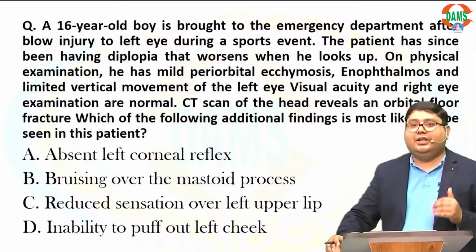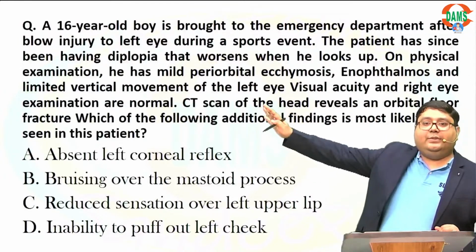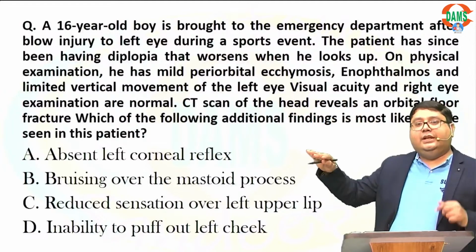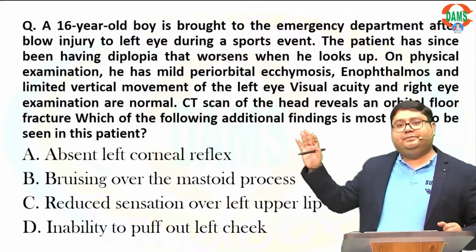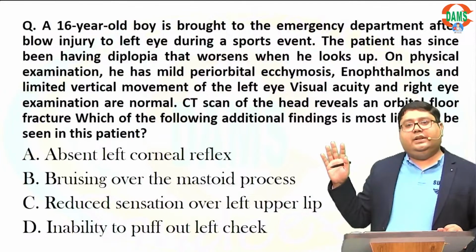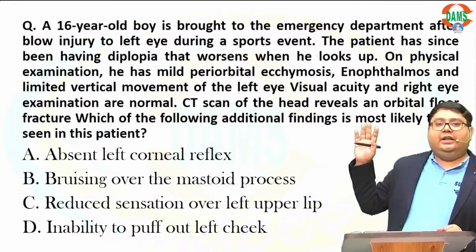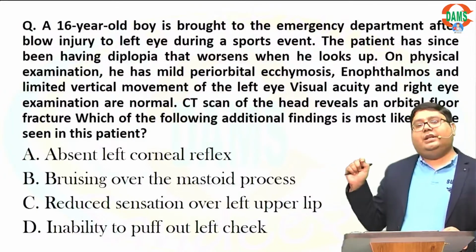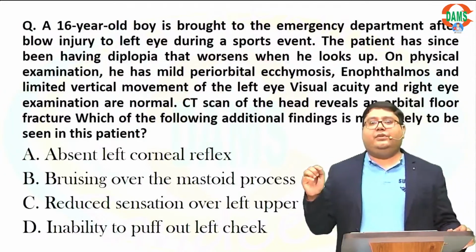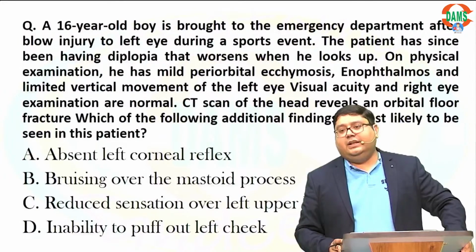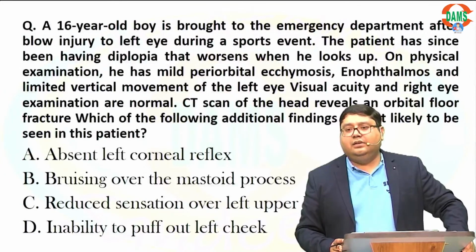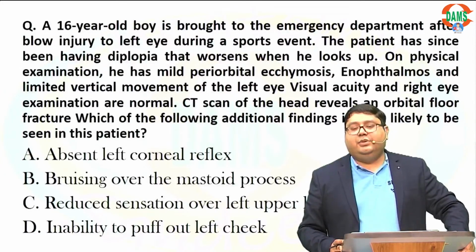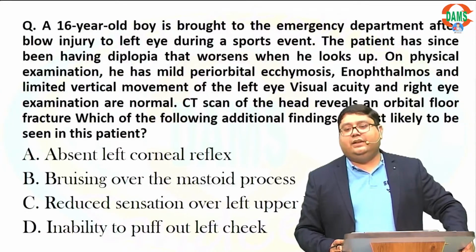On examination, there is periorbital ecchymosis, enophthalmos, and limited movement of the left eye. Visual acuity and the right eye examination are normal. CT scan reveals an orbital floor fracture. Which of the following findings will be seen?